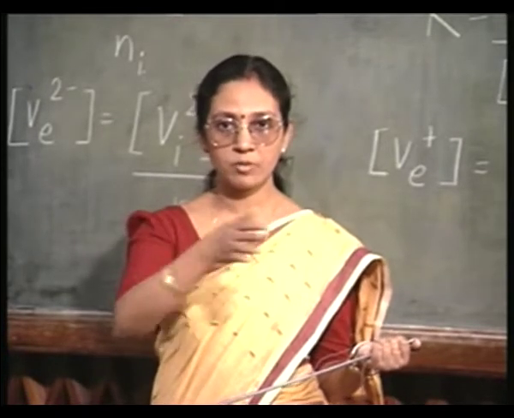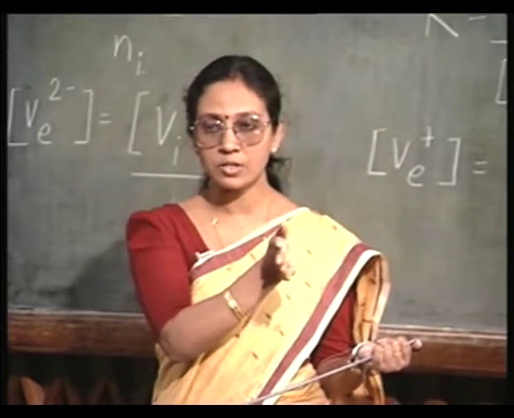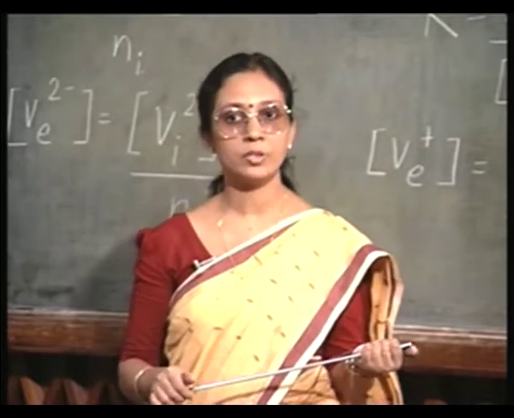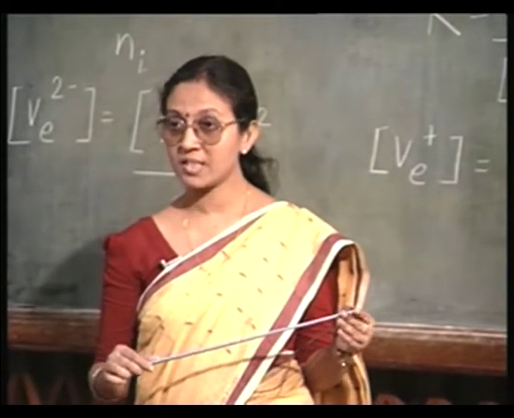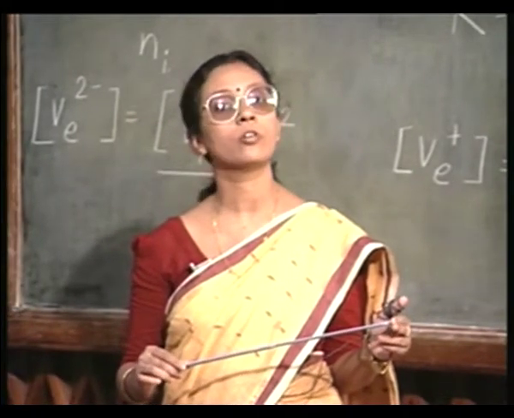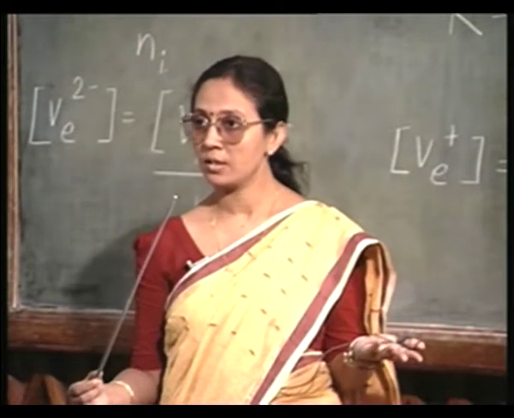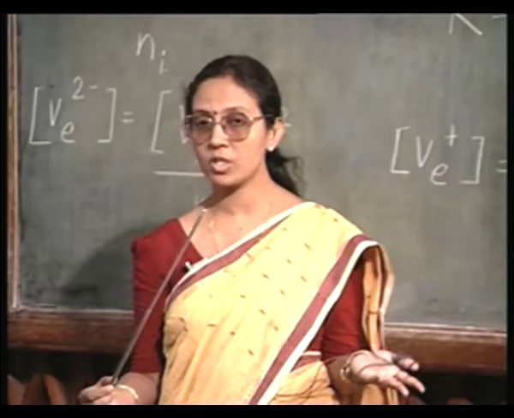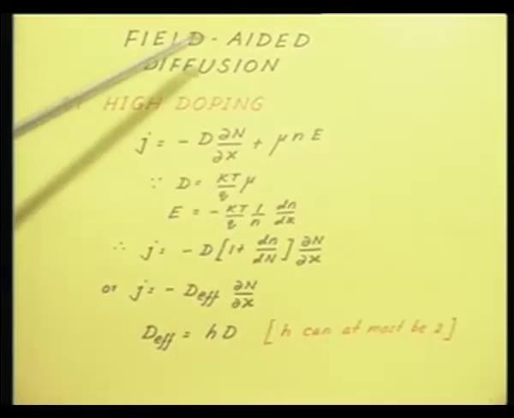So, the action of the field is from the positive to the negative. So, it is actually aiding the movement of the dopant ions. This is an extra factor coming into picture because of the ionization of the impurity atoms. If there is no ionization, this beneficial effect of field will not be there. So, this is called field aided diffusion. Field aided diffusion.